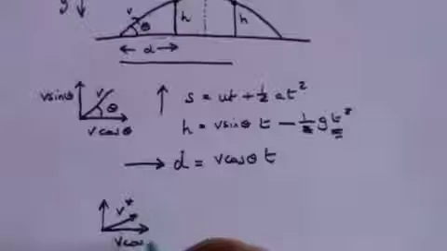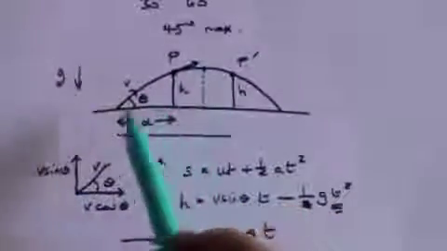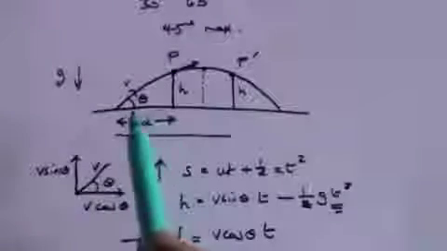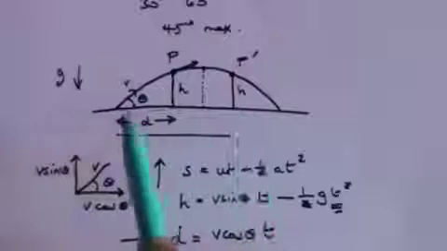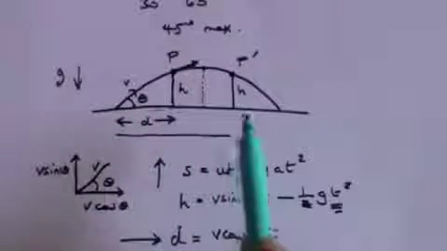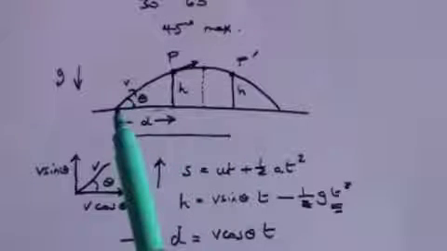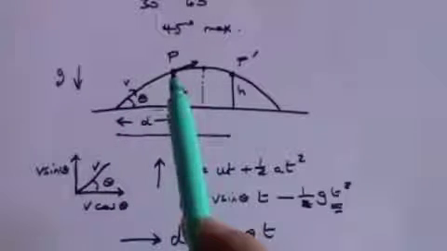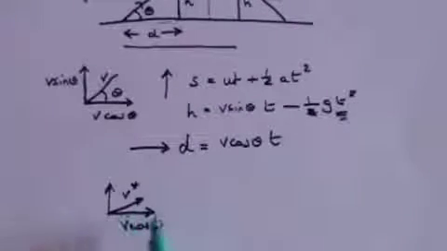That's v cosine theta, where theta is this angle here, because the horizontal component never changes. The horizontal component of the velocity is unaffected by gravity, so it just continues along this line. So v cosine theta doesn't change. It's v cosine theta here, and it's v cosine theta here. So the horizontal value is v cosine theta.